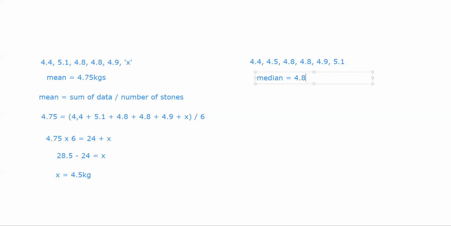The mode value, the most frequent number, is also 4.8 because it is repeated twice. So now we have calculated the median and the mode, and the mean was already given. So this was another way in which you can encounter any mean, mode, or median question.